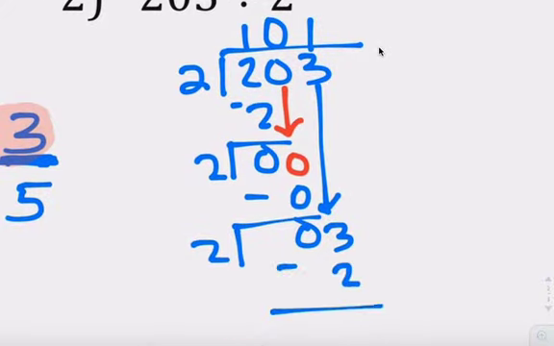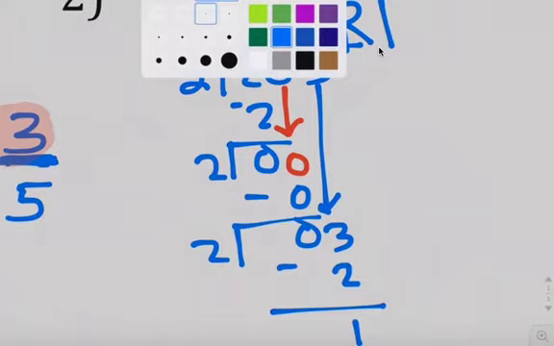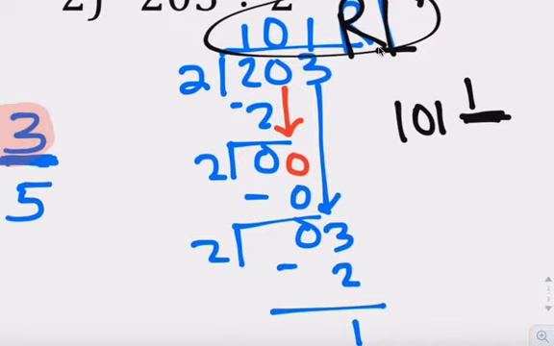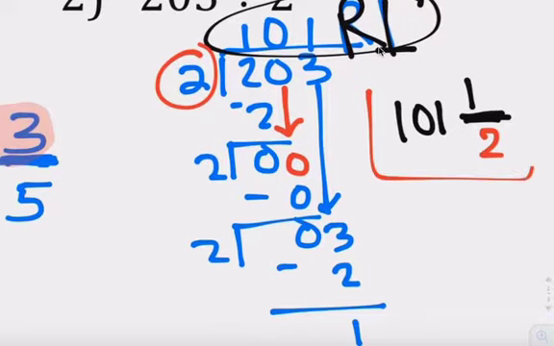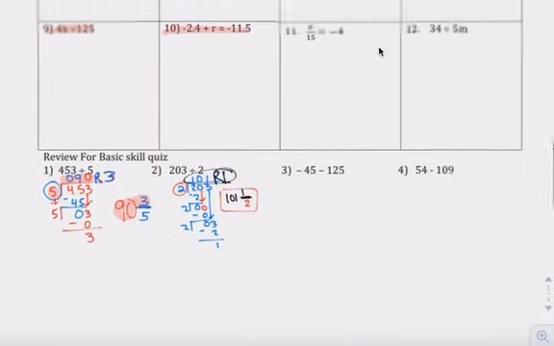Subtract, 1, stop, remainder 1. So your answer is 101, remainder 1. What goes on the bottom? This number here too. Okay, I'll go to the other ones.